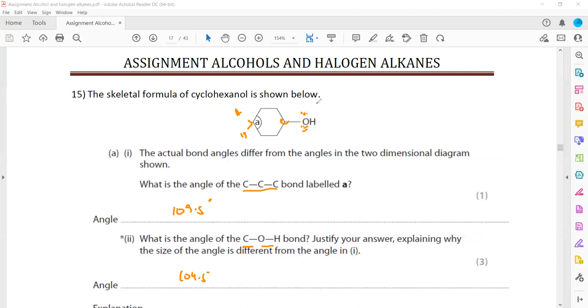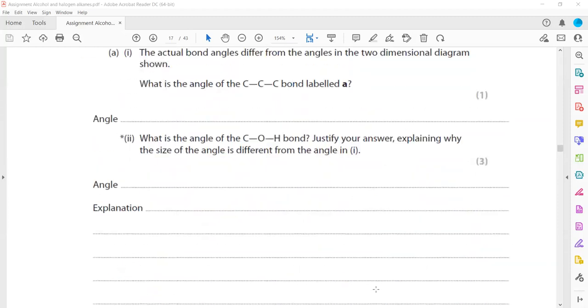Here we have two bond pairs and two lone pairs out of four. The explanation is that lone pair repulsion is greater than bond pair repulsion, which is why the bond angle is reduced.